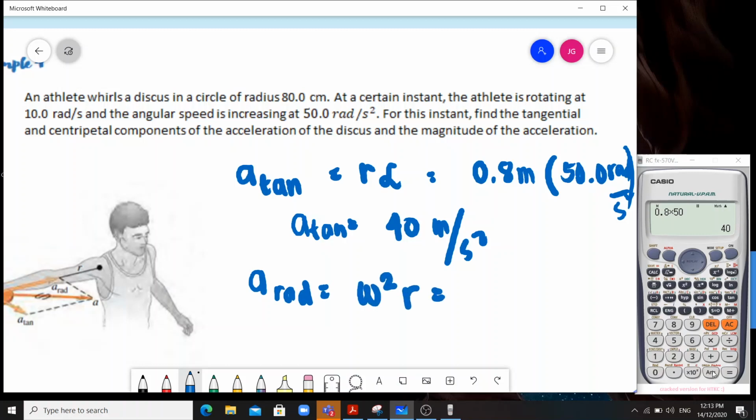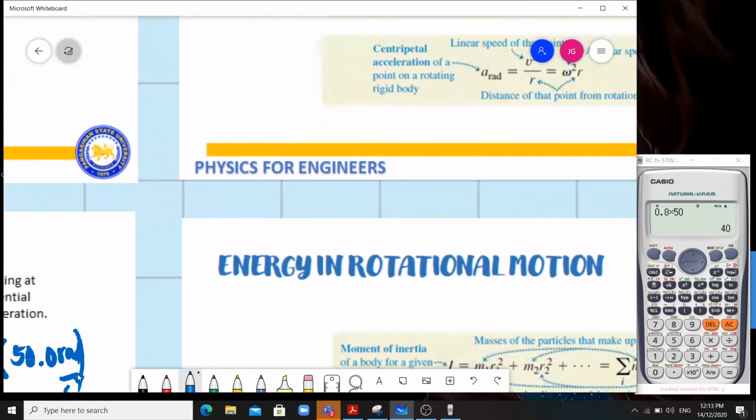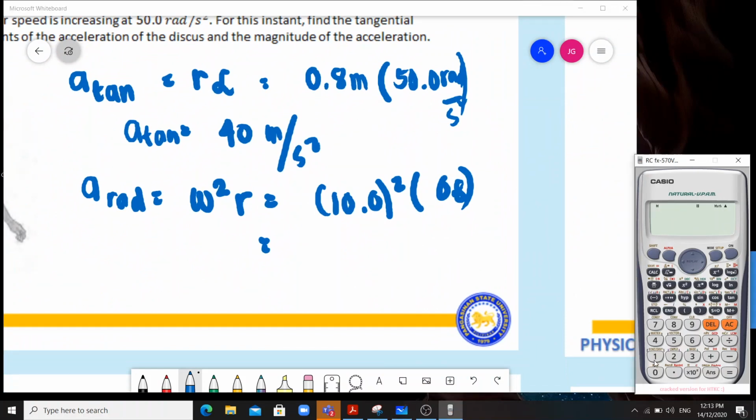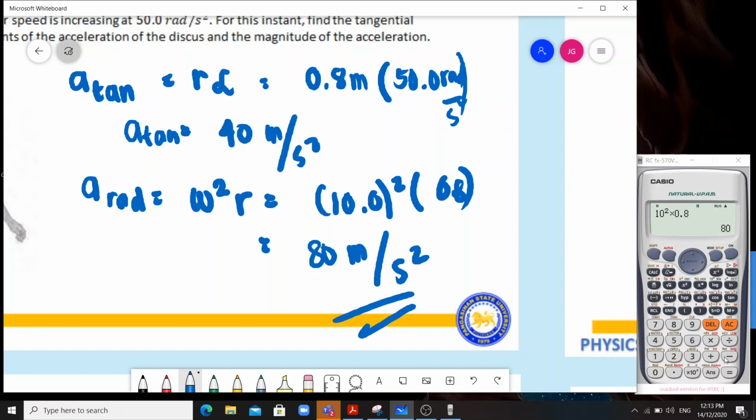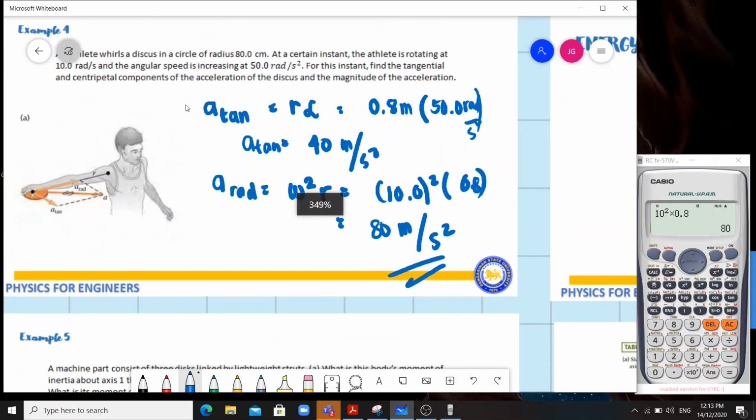Our omega, the angular velocity, is 10.0 squared, and then r of 0.8. So that is 10 squared times 0.8, which is 80 meters per second squared. Okay, so that is how you answer example number 4.